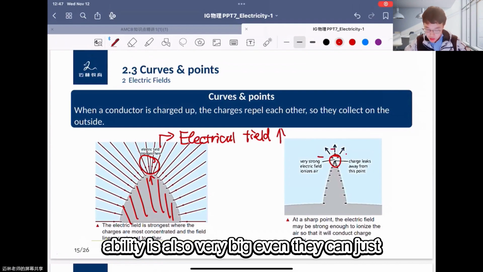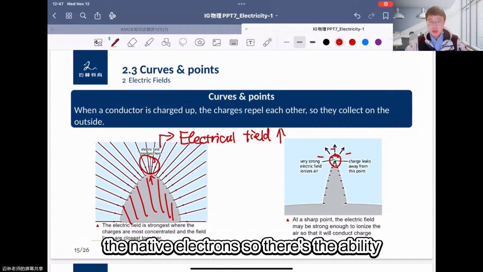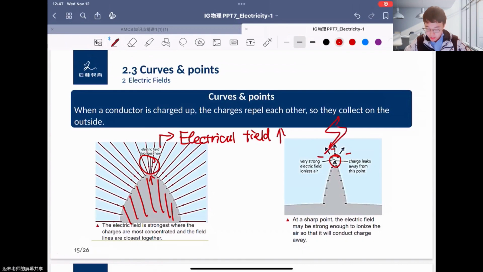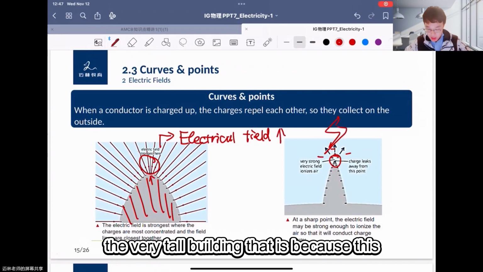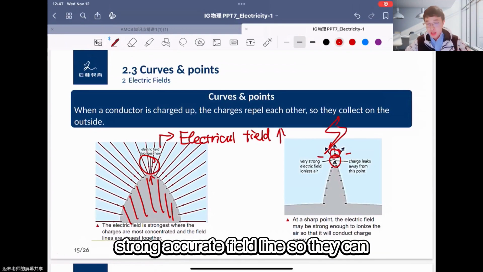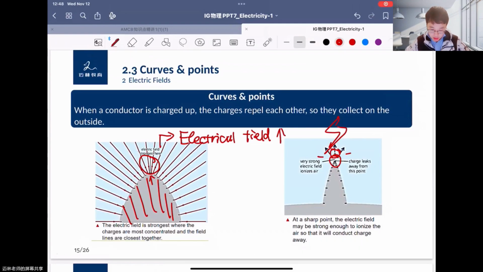They can even make the air ionize into positive charges and negative electrons. So that is the ability, okay? You can see why lightning likes to strike very tall buildings. That is because they are very sharp and it is very easy to form a very strong electric field, so they can attract lightning very easily. Okay, this is for the pointed places.